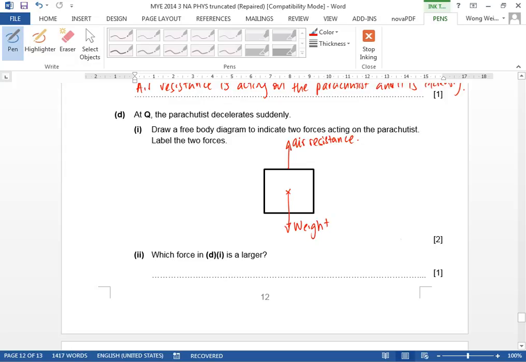Resultant force equals to mass times acceleration. If this is 0, then this will be 0. If this is negative, then this will be negative. Because there is no way your mass will be negative, so the mass must be positive. So positive times negative will give you negative. Okay, so now? Okay. So if the resultant force is negative, what does that count?